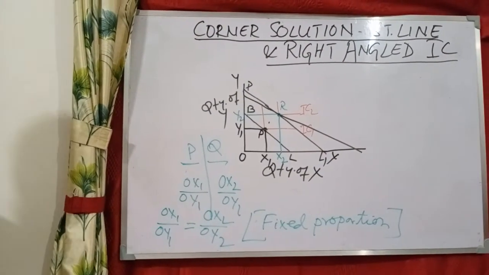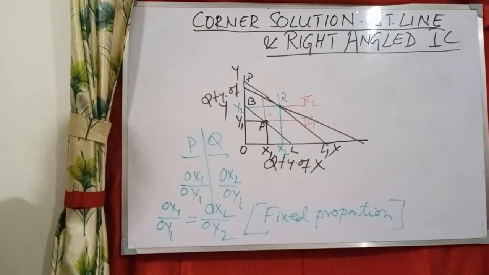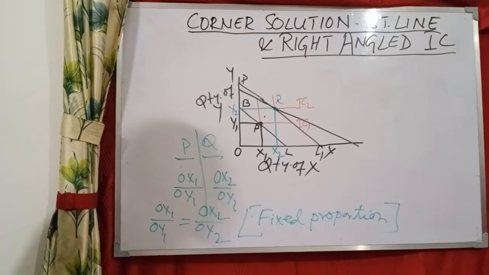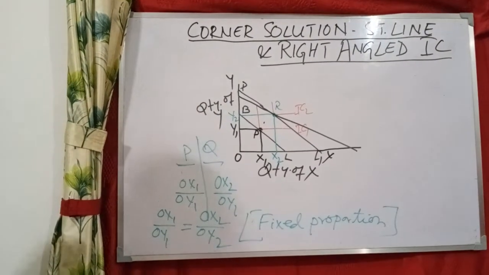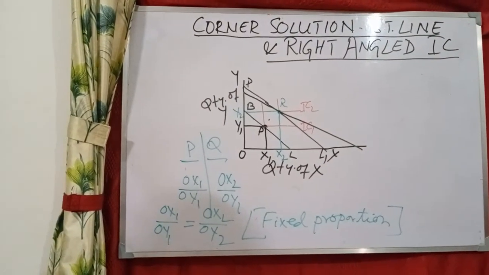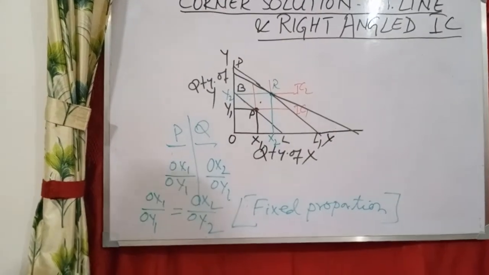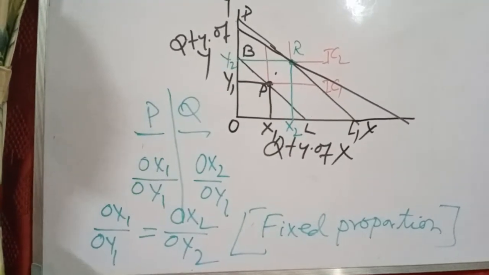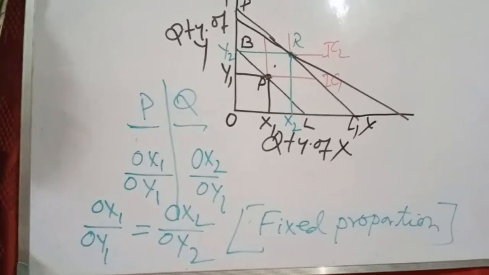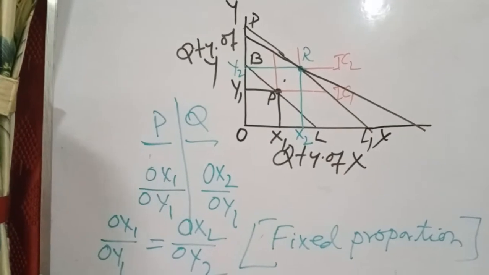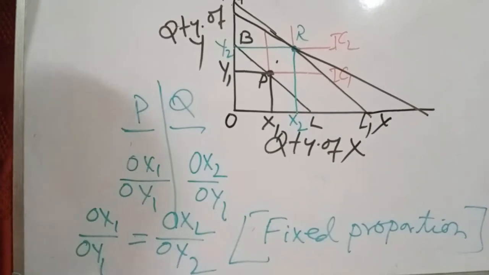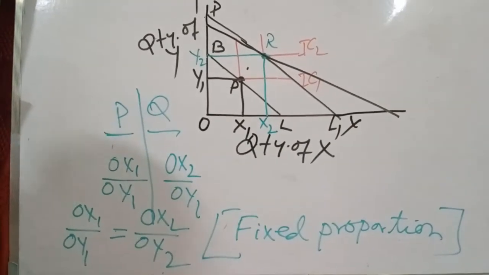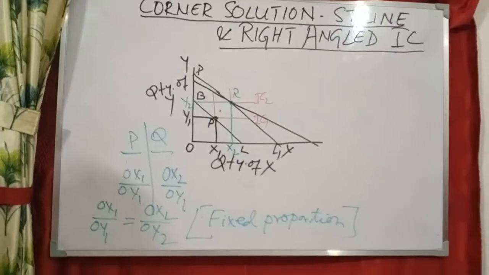So this is all about corner solution when the indifference curve is a straight line and when the indifference curve is right angled. This is separate from the interior solution, where the point of equilibrium or optimum satisfaction is arrived at in between the X and Y axes, whereas in a corner solution the point of equilibrium is arrived at a corner.